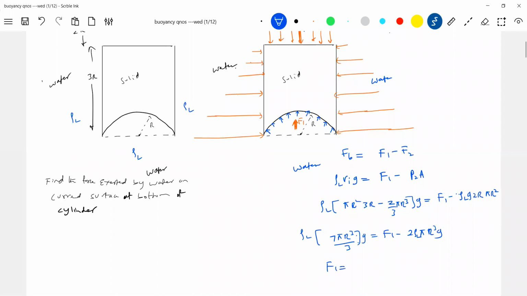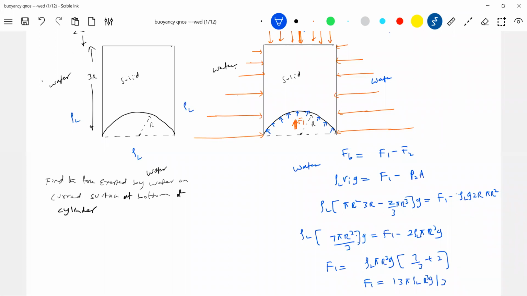So what is the total force? Rho L pi R cube g, 7 by 3 plus 2. 3 twos are 6, 6 plus 7 is 13, 13 by 3. So this will be 13 pi rho L R cube g by 3.